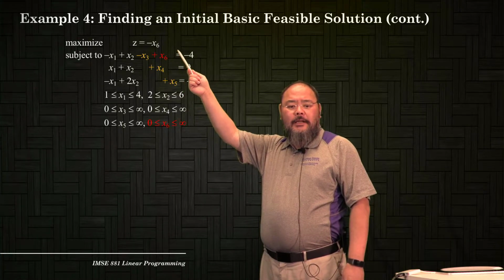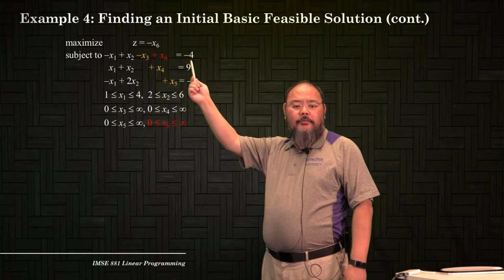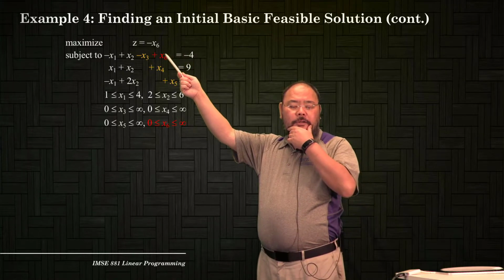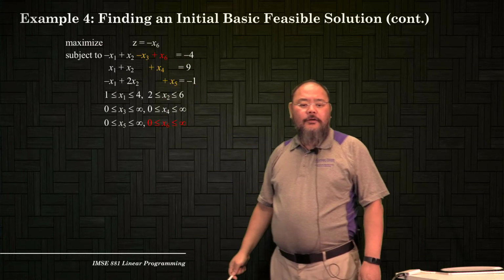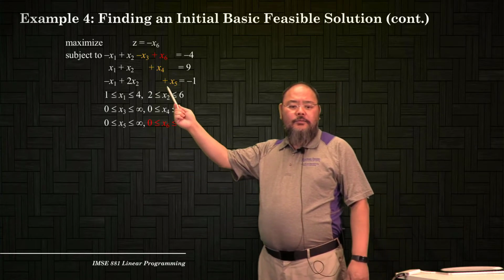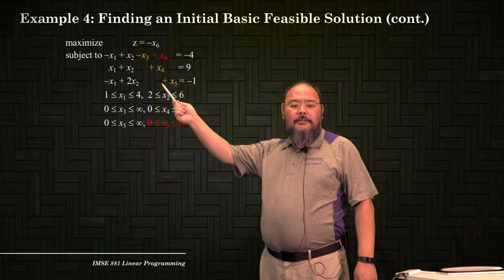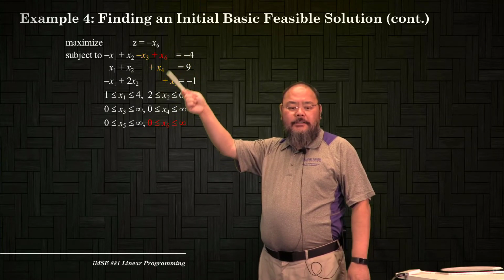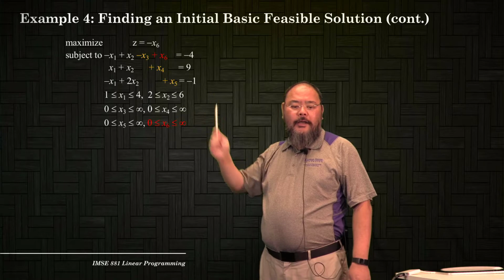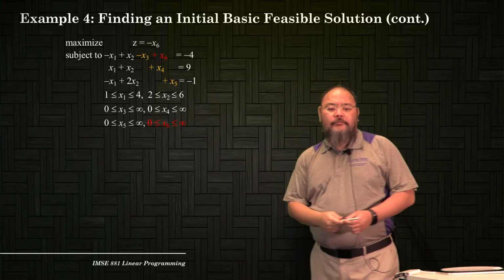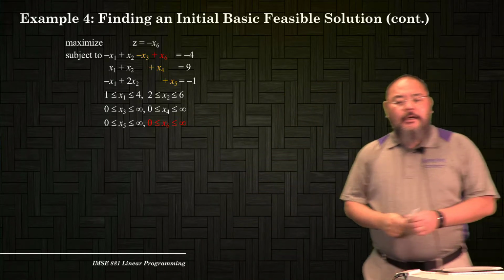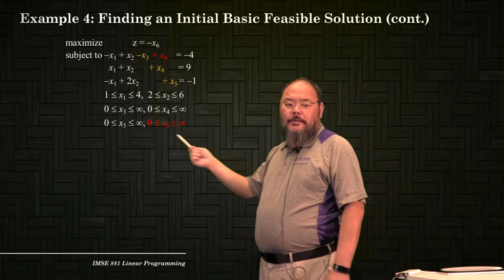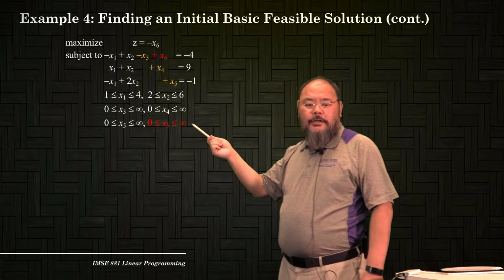Since I multiplied this constraint by -1, my right-hand side becomes negative, so I'm adding an artificial variable x6, and x5's coefficient changes from -1 to +1. We do have an identity initial basis, but the right-hand side is still negative. And x6 is the artificial variable that we are trying to get rid of.